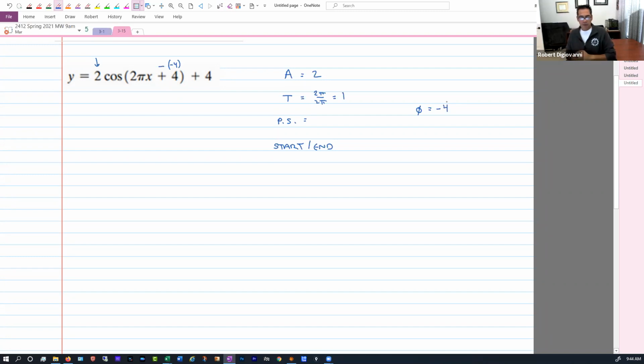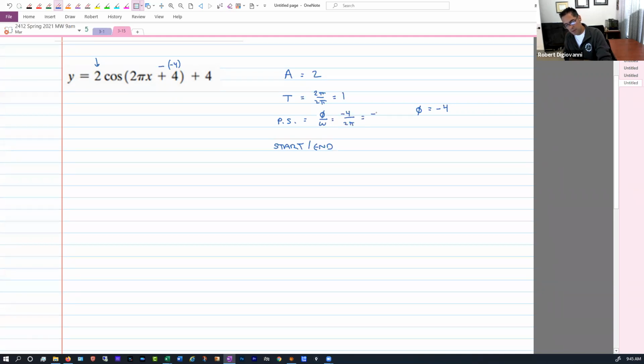Okay, and so your phase shift will be -4 over omega, which is 2 pi. Maybe I should write that formula down. Phi over omega, which is -4 over 2 pi.